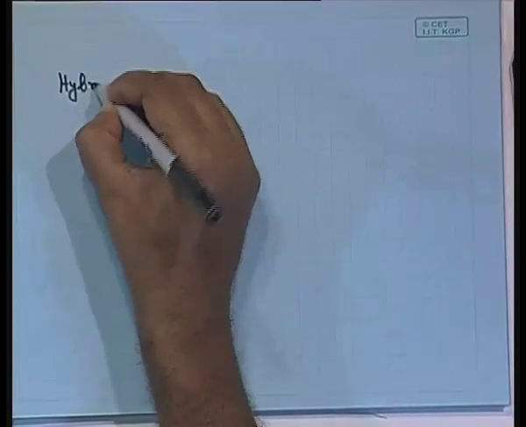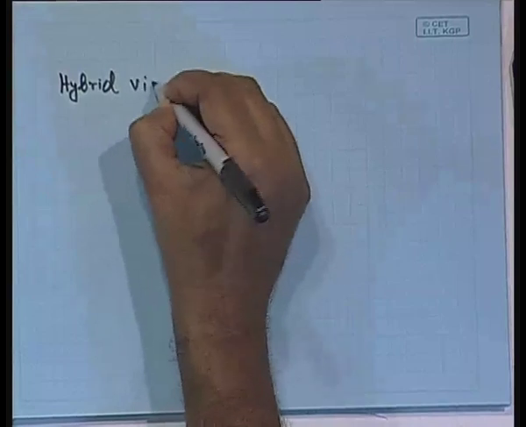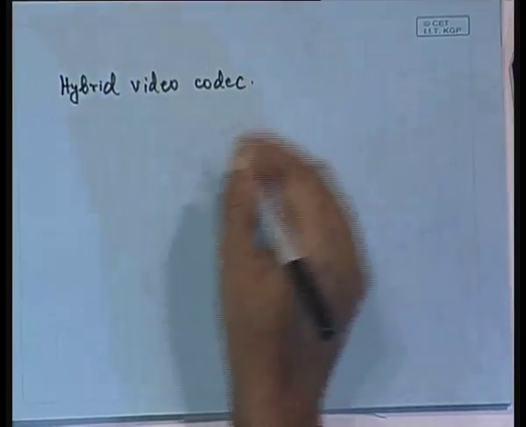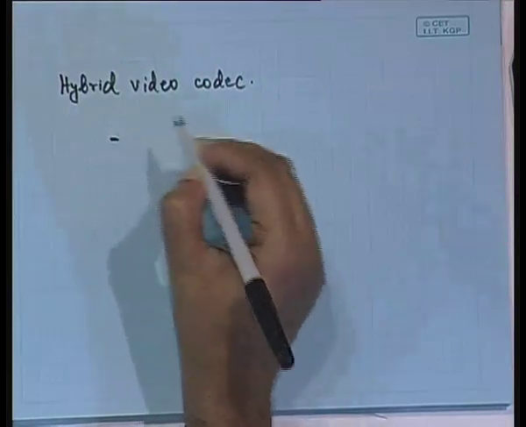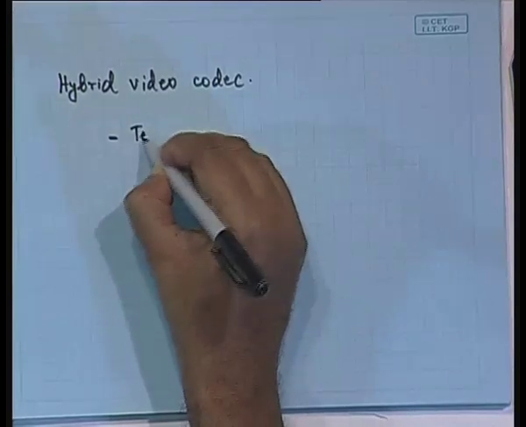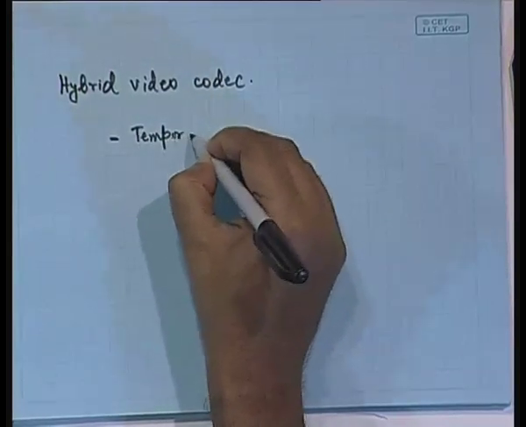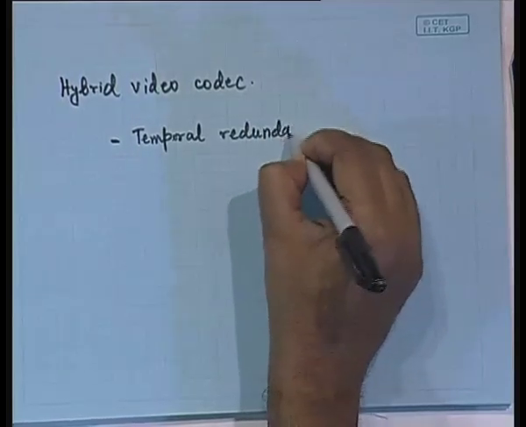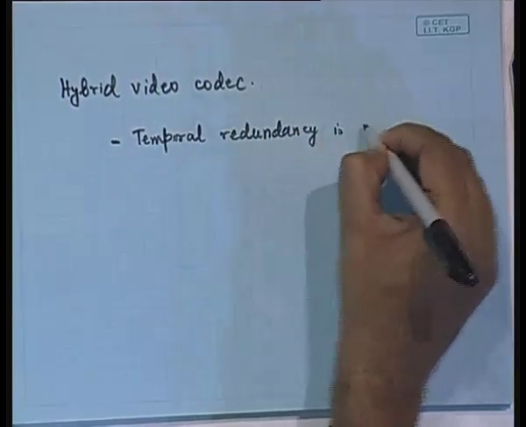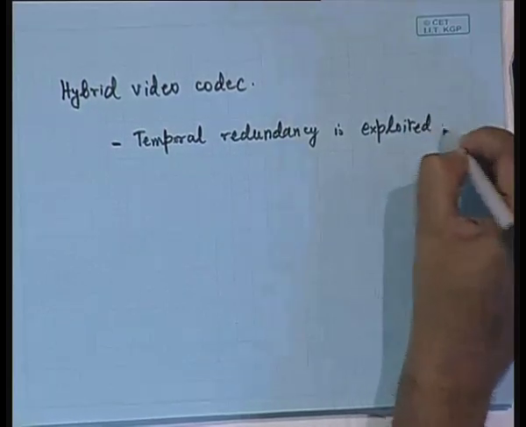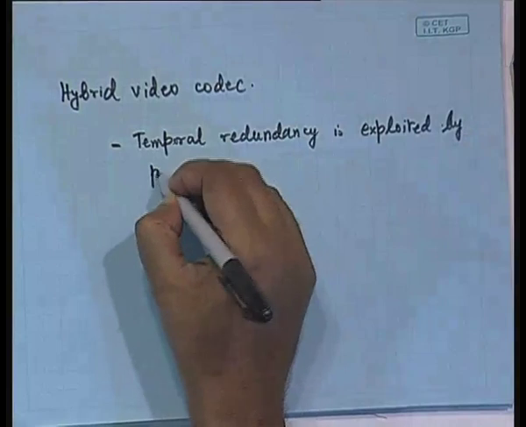So, it leads to a hybrid video codec, where the first and foremost thing that is done is that the temporal redundancy is exploited by predictive coding.